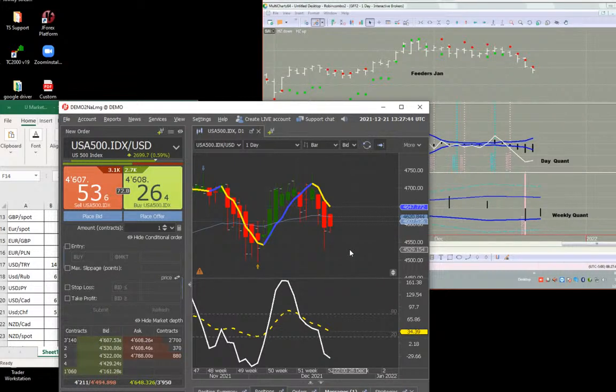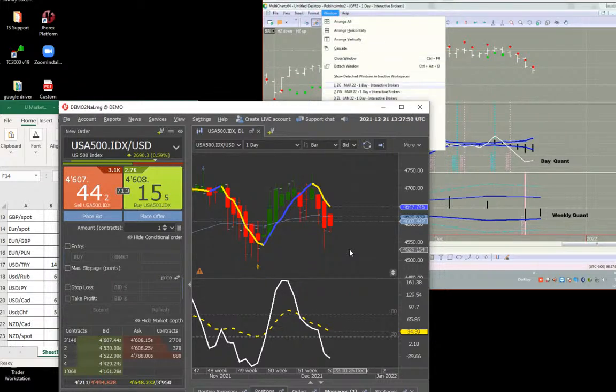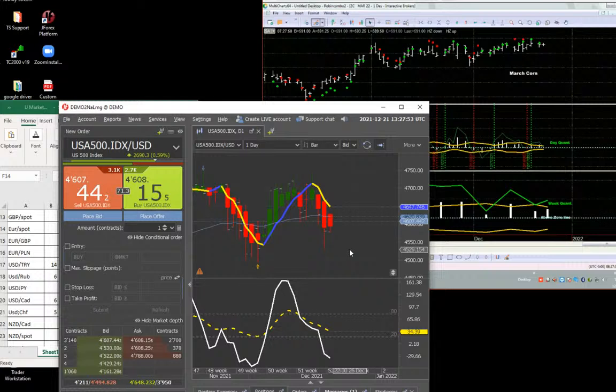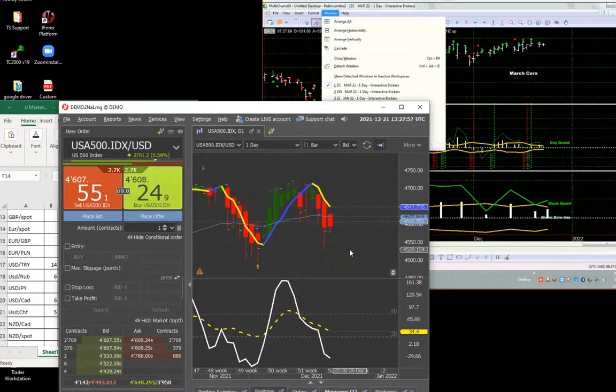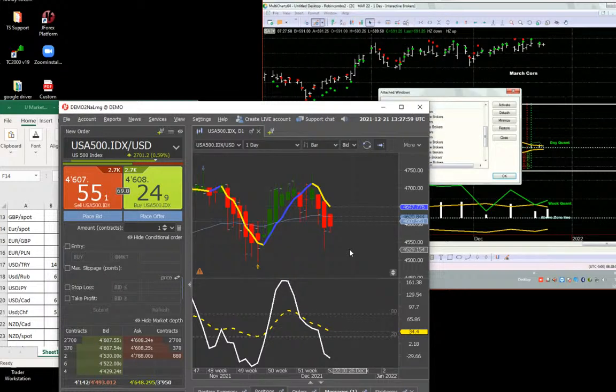And let's see. There we go. So there's Jan feeders. Let's go beans. There's March corn holding up on the edge right there. Let me show you what May corn looks like. There is May corn.